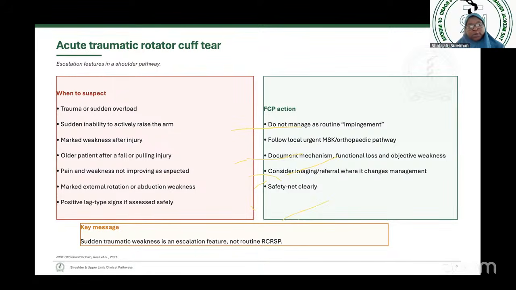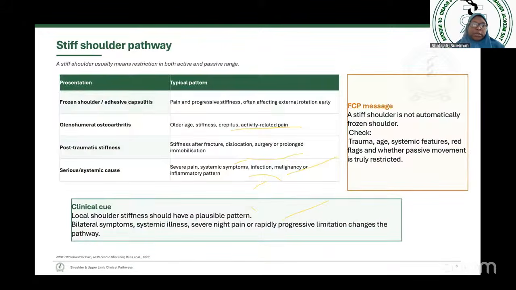And obviously, you refer for ultrasound depending on your MSK pathway. It could be you can do that from your own primary care. It could be you need to refer that patient to the MSK team, so they can have it done from there. Or sometimes you even refer to emergency so that the patient can have it done there. So you're done with the rotator cuff.